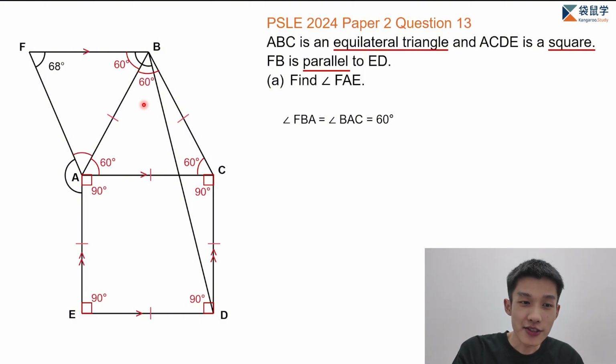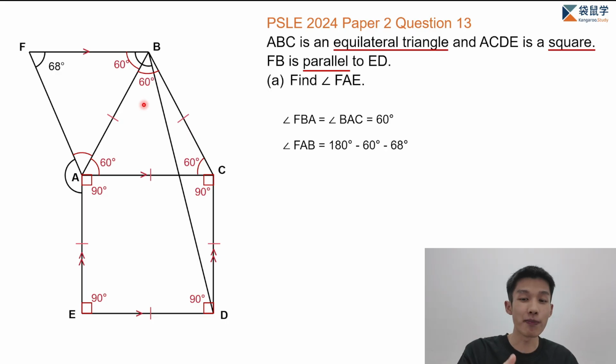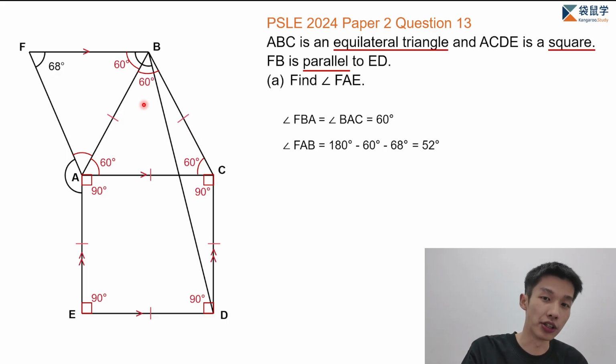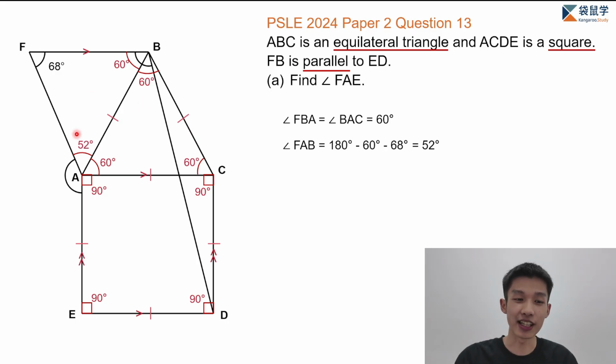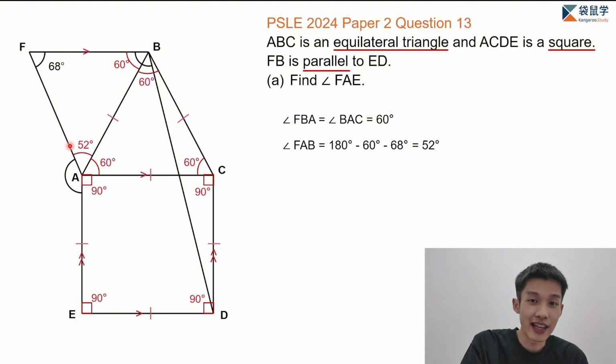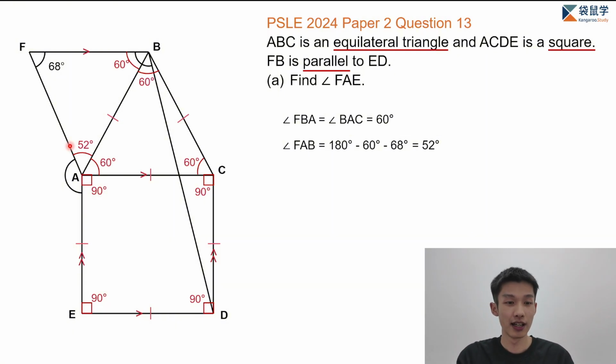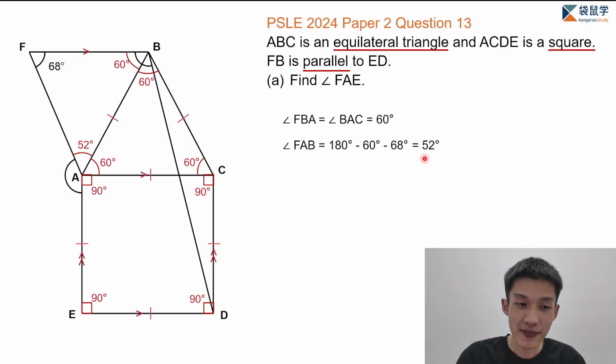The interior angles of a triangle add up to 180, so we use 180 minus the two angles, which gives us 52 degrees. Don't forget to label the result, 52 degrees, inside the figure, because maybe later on we still need this angle, and by looking at the figure we know it's 52 degrees. We don't have to refer back to the steps.